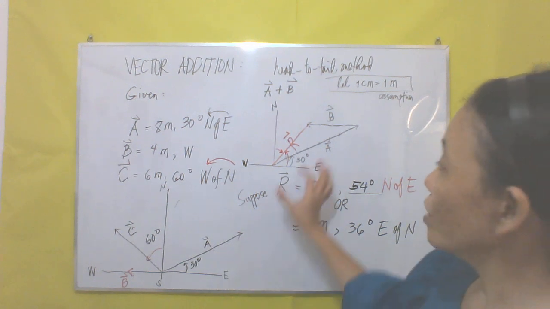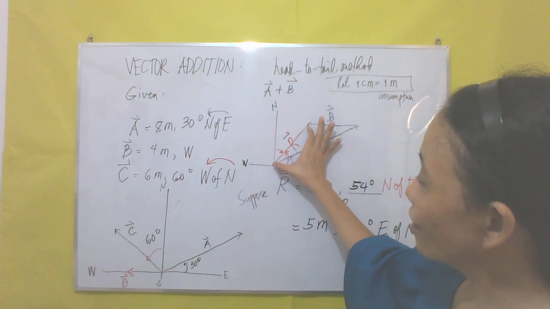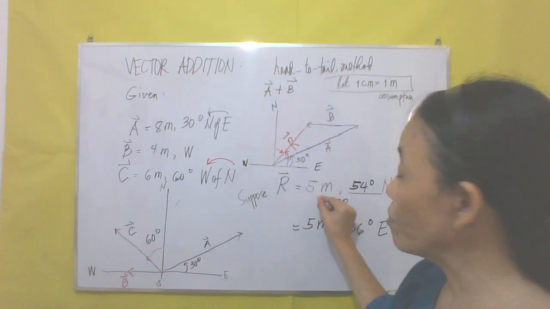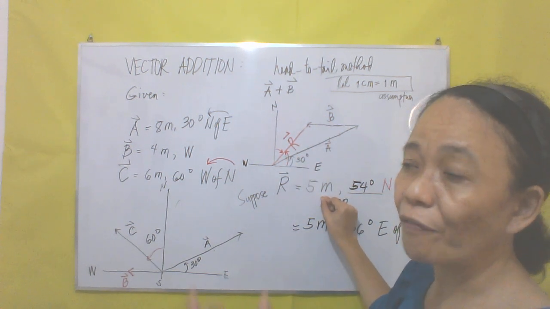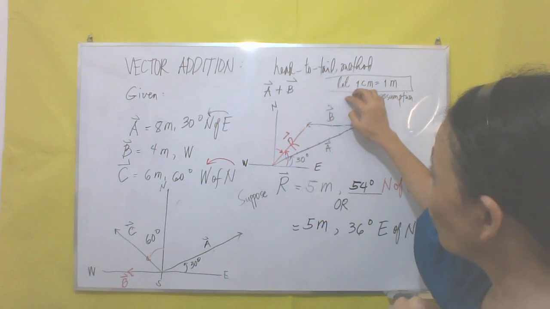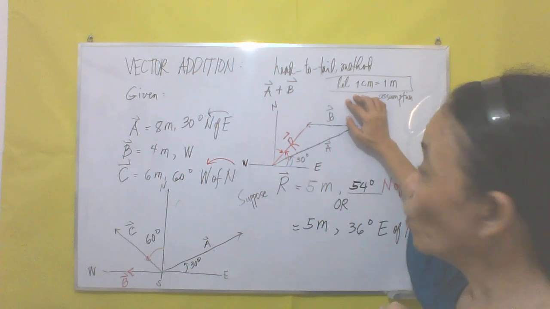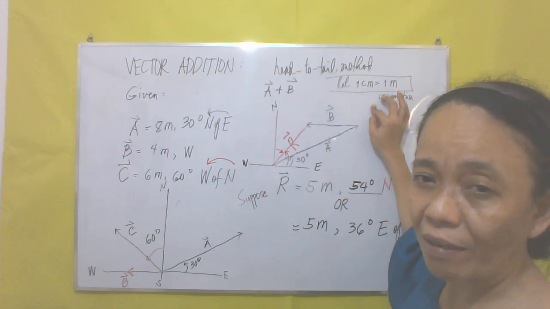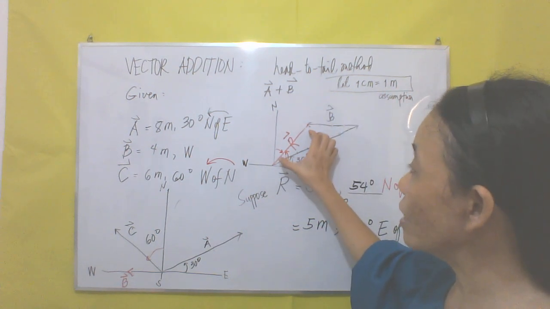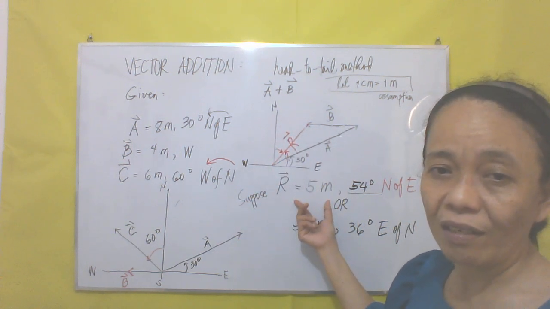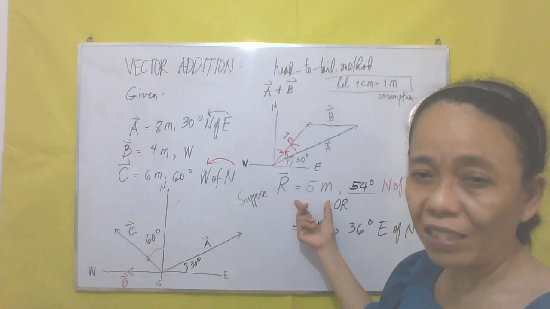Again, supposing this length that represents the resultant vector R measures 5 meters, or 5 cm, we have here our assumption where we let 1 cm be equal to 1 meter. So if this is 5 cm, then the length of the resultant vector R would be 5 meters.